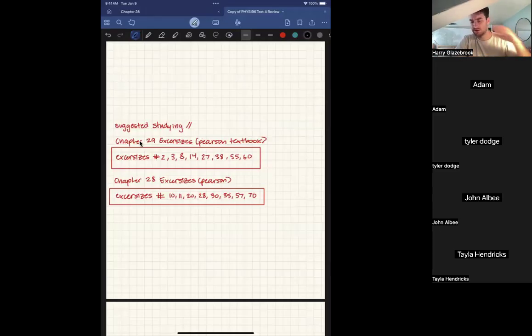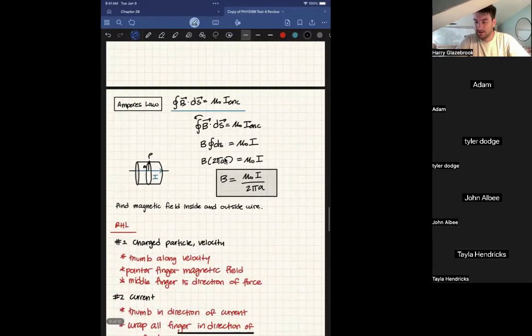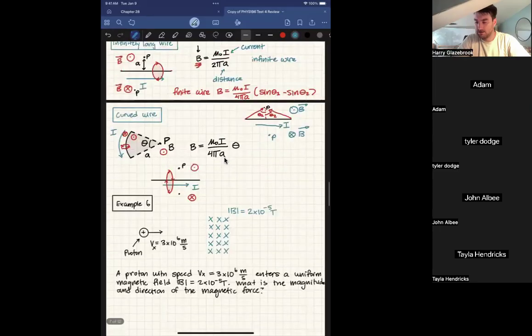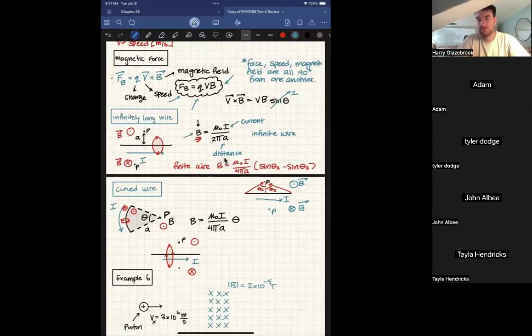Yeah, I think I have the solution somewhere. Yeah, I'll just post them with the notes. Yeah, this is basically just think of this as the proof, but honestly, just write down this equation on your sheet. And whenever you see the wire, just use that.